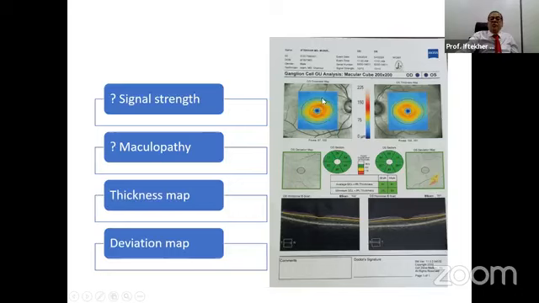It is donut shaped and expressed by a chromatic bar from blue to yellow to red. This is the six-sector region of the thickness map, and this is the deviation map of the thickness map. And this is the tabulation chart, the average and minimum thickness of the ganglion cell and inner plexiform layer.